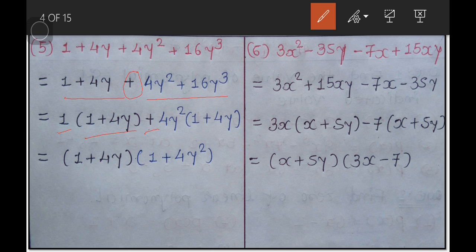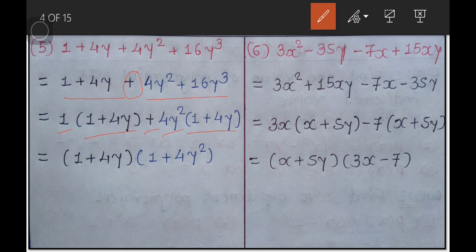Now we try to find the common factor from both terms. You can find 4y² in both terms. So we extract 4y² from both terms, and the remaining part is 1 plus 4y.